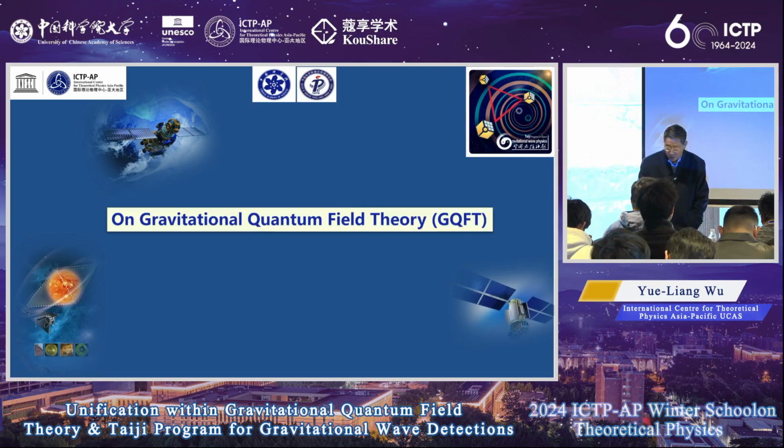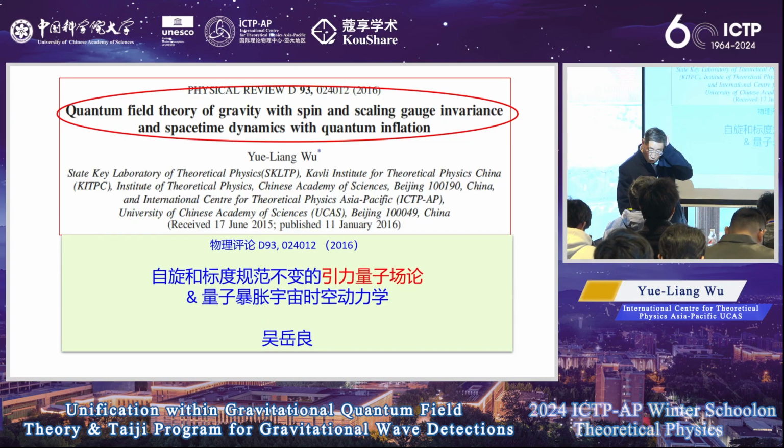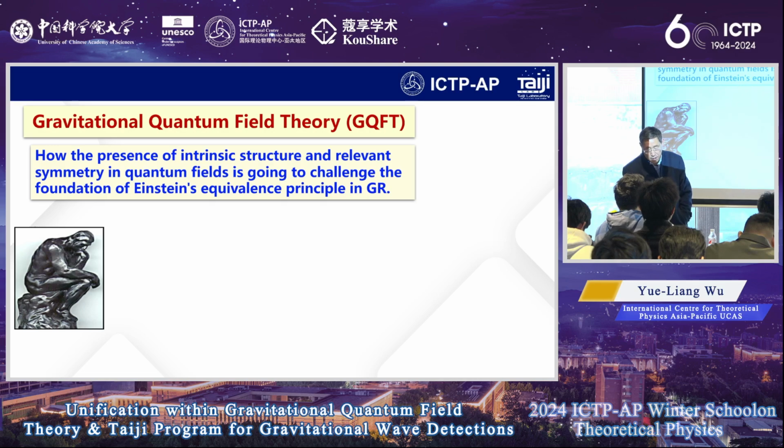This is the basic idea of gravitational quantum field theory, and also of the paper I am going to discuss. For gravitational quantum theory, we will see how the presence of intrinsic structure and the relevant symmetries in the quantum field of leptons and quarks matter.